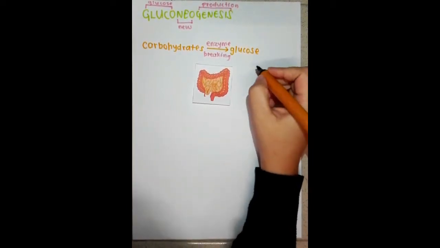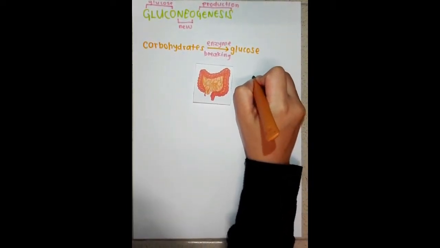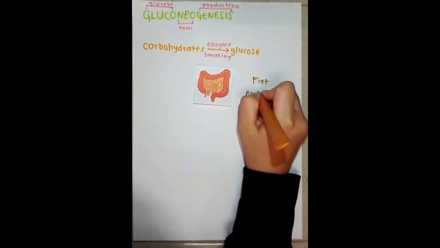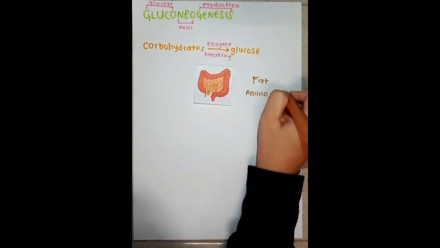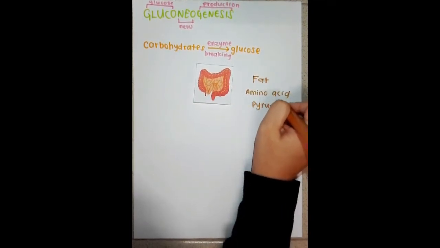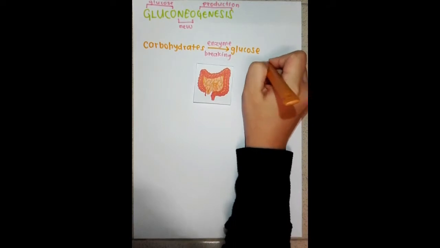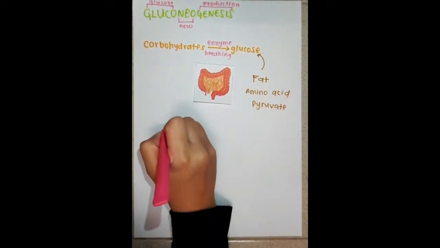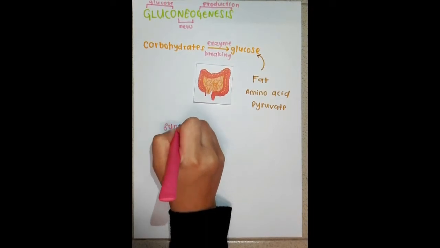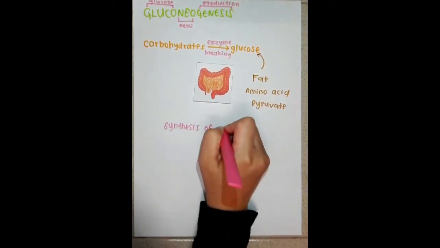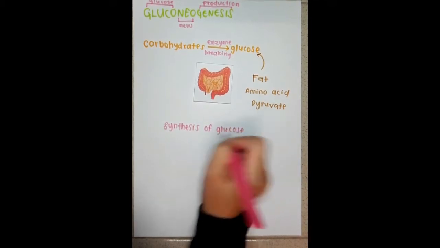At special circumstances, substances like fat, amino acids, and pyruvate are converted into glucose. Thus, gluconeogenesis can be defined as synthesis of glucose from non-carbohydrate sources.